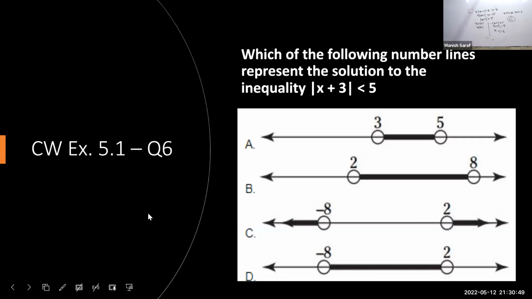Let's solve this. This is real SAT. Solve this. I'll give you, let's say, 45 seconds.